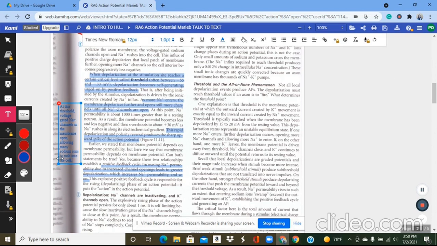So yeah, basically this influx of sodium ions makes the membrane potential increase very rapidly, going all the way up to positive 30 millivolts.